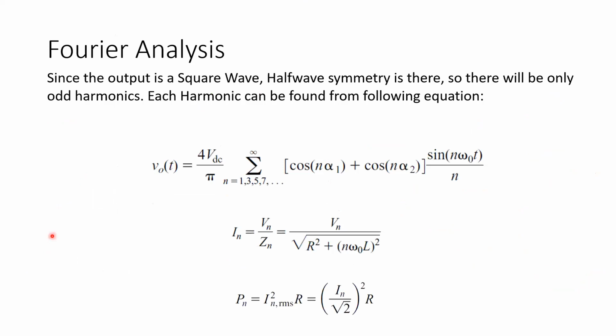Okay, so now we are going to do Fourier analysis on these multi-level inverters. You remember in the single level, or square pulse, inverters, your output voltage is represented using 4 VDC over n pi, sine n omega t.